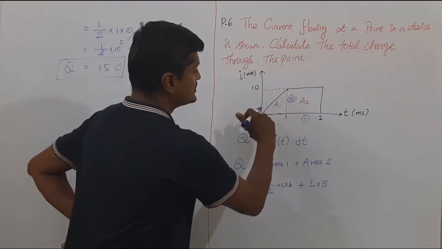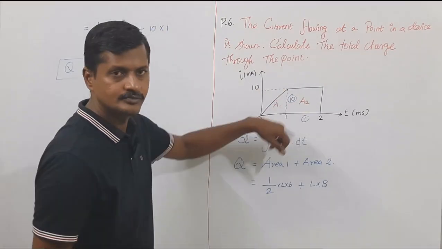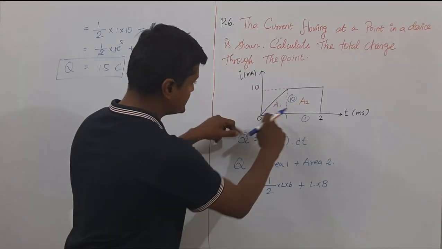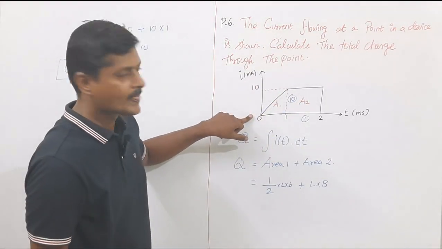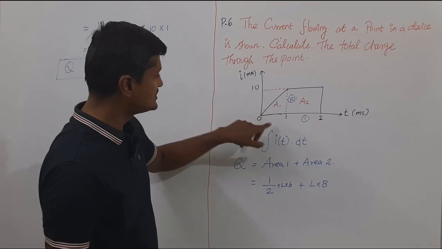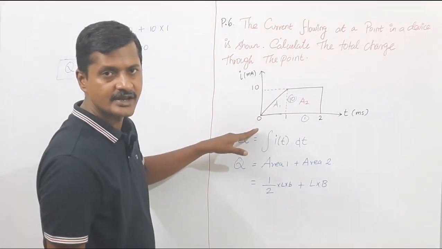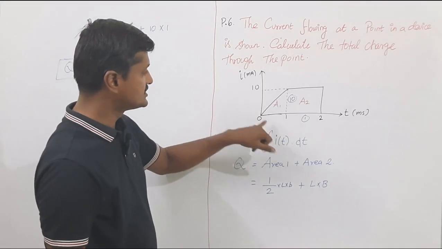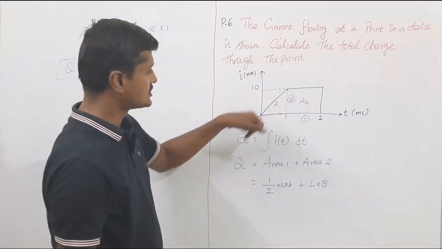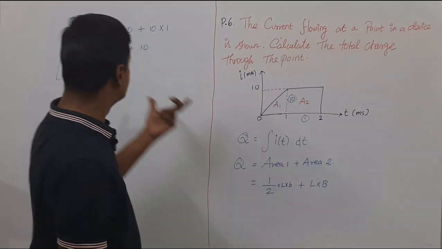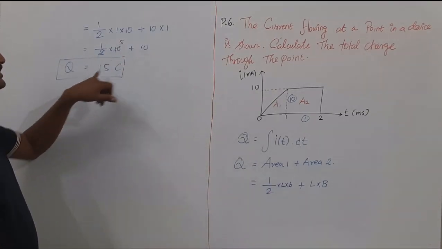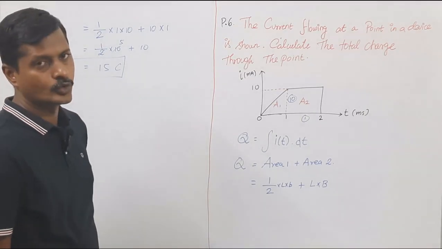And this is also a square, we need to find half, that means half into length into breadth, so it is divided into equal areas. So half into the length 1 and the breadth 10. So half into 10, that is 5, that is totally 10 plus 5. So charge is 15 coulombs.